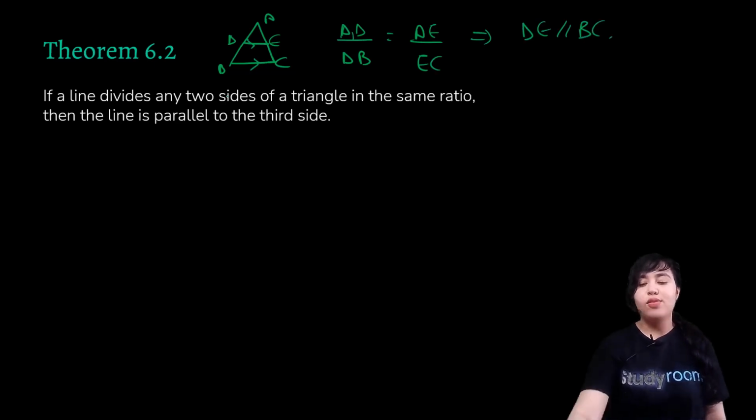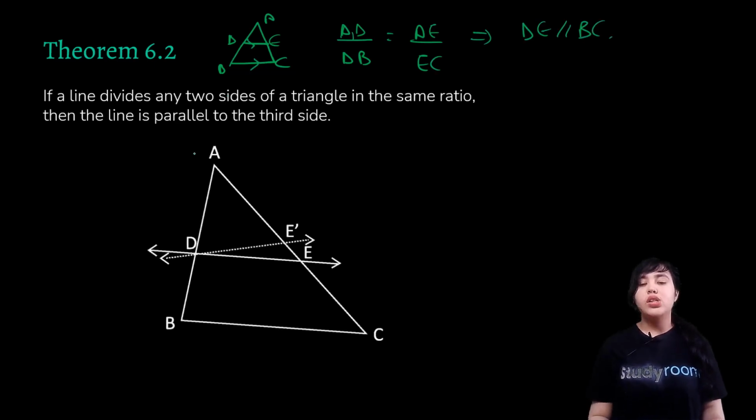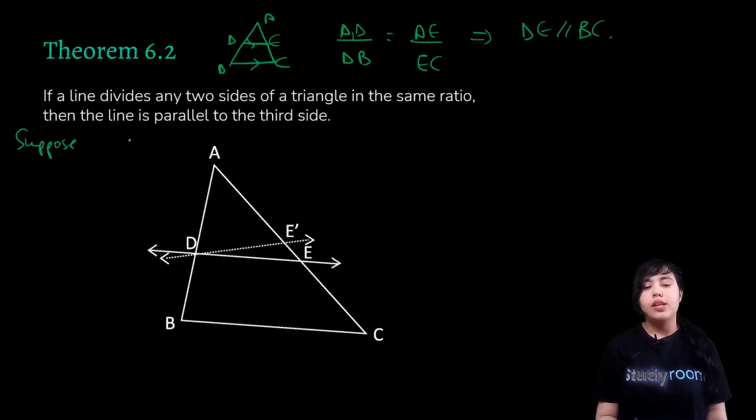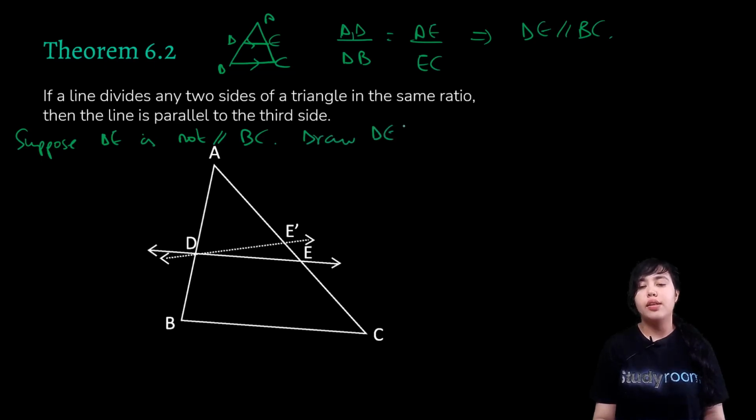This is exactly what we're going to prove in this figure. So what you need to do here is suppose that DE is not parallel to BC, and you draw DE dash parallel to BC, okay?